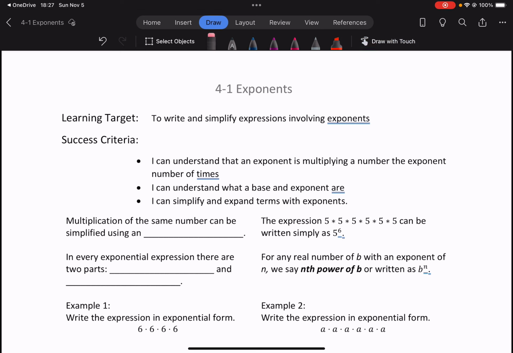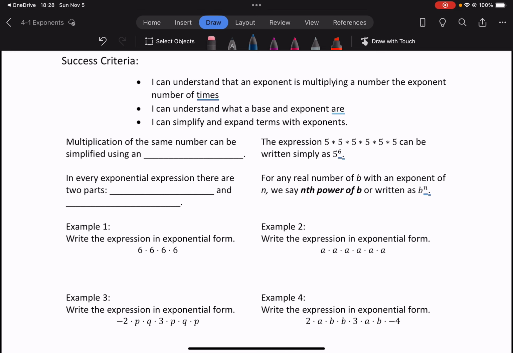We understand that the exponent tells the number of times we multiply a number, so it's like repeated multiplication. You will know the difference between a base and an exponent, and you can simplify and expand terms with exponents. We're going to do a lot more simplification as opposed to expansion.